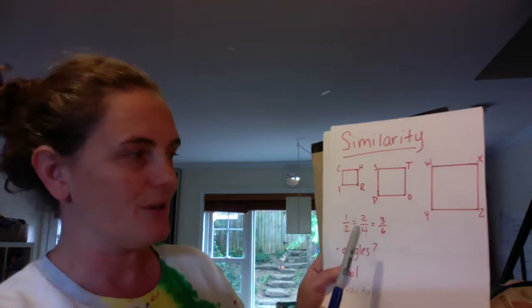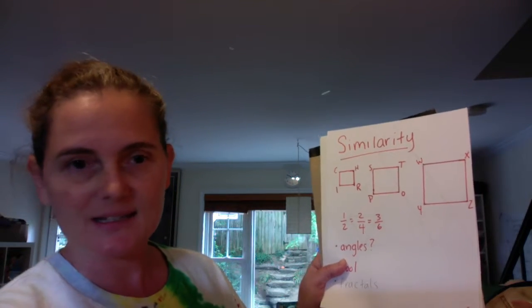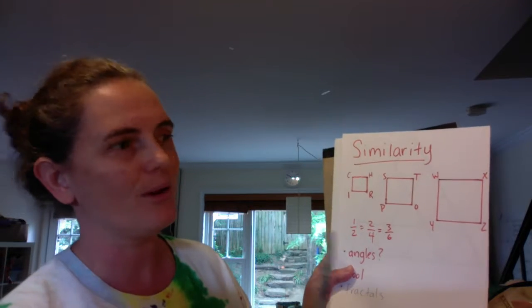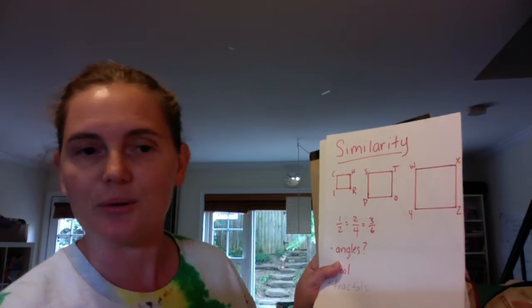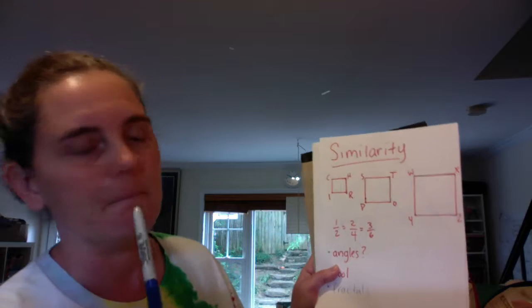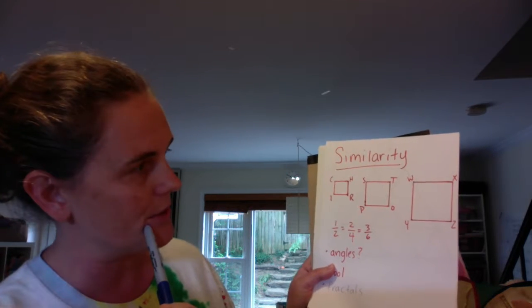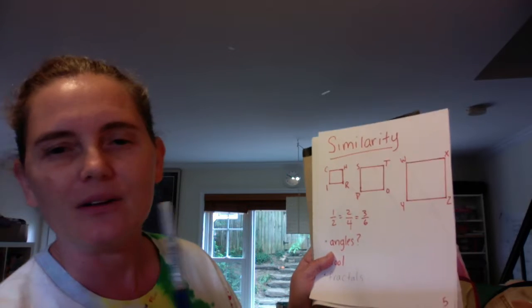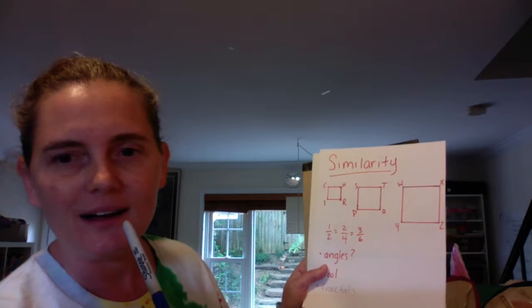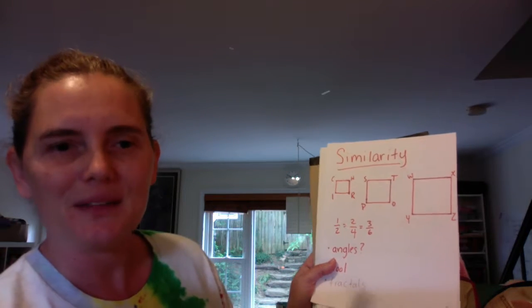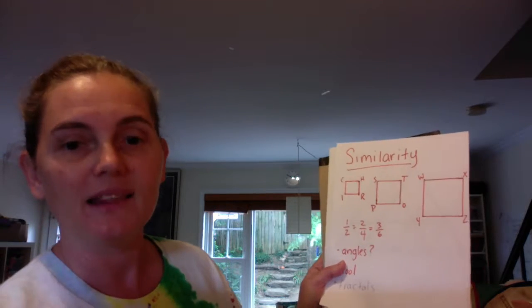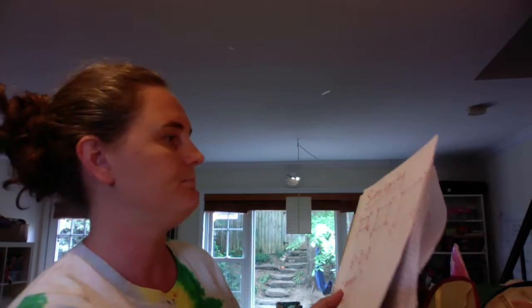So 1 is to 2, as 2 is to 4, as 3 is to 6, and you can go on and on. You can imagine that their perimeters are also similar. Their areas are going to maintain a similar proportion. Their angles, what do you think about their angles? This is one of those other ones that's just pretty intuitive. Their angles are equal.